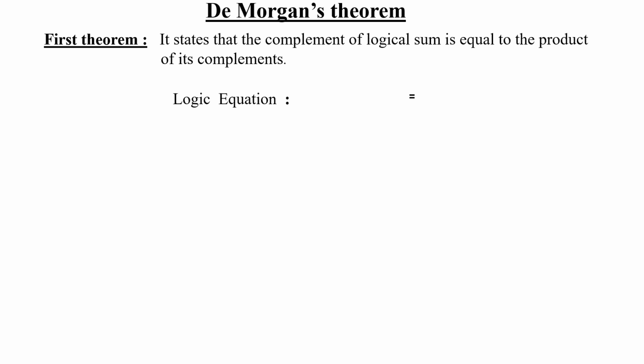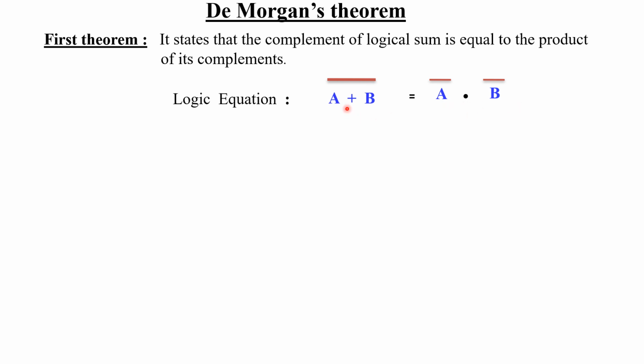It states that the complement of the logical sum A plus B is equal to the product of the complements of the inputs, A bar and B bar. So A plus B the whole bar is equal to A bar dot B bar.